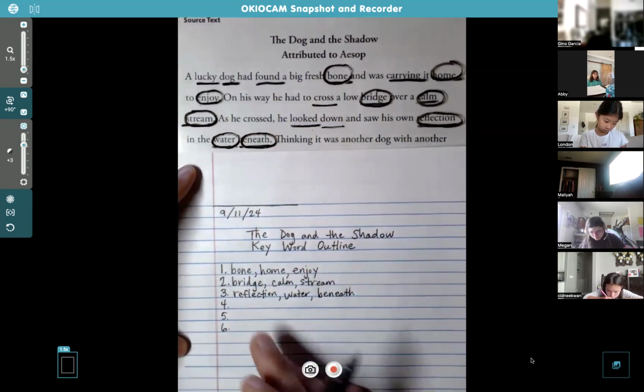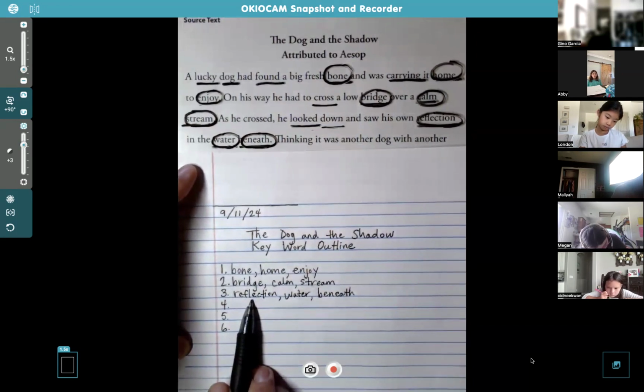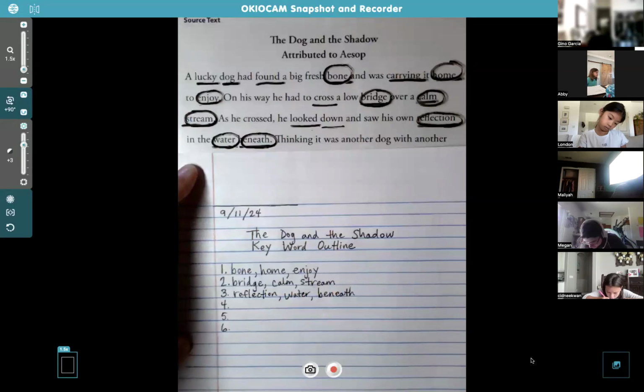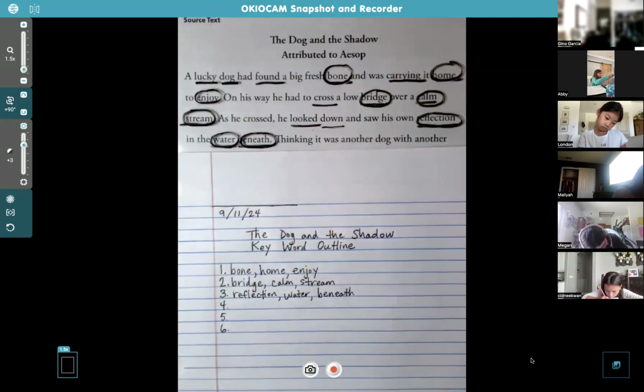So number 3 has reflection, water, beneath. I'm going super slow in this lesson because this is really important for you to understand how to pick those key words.